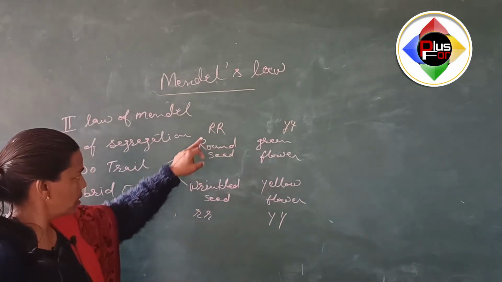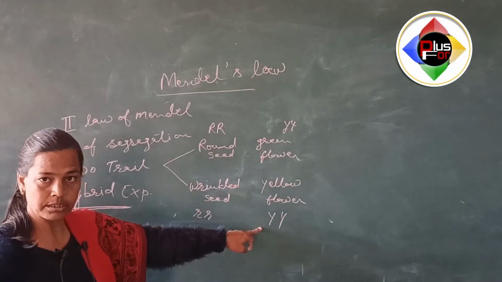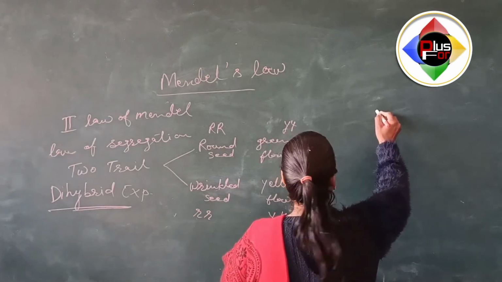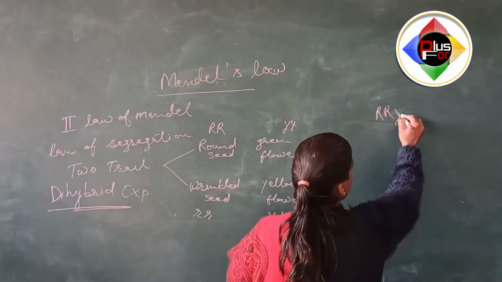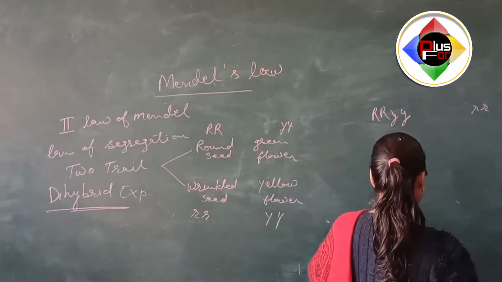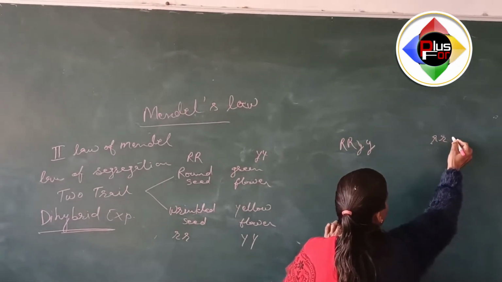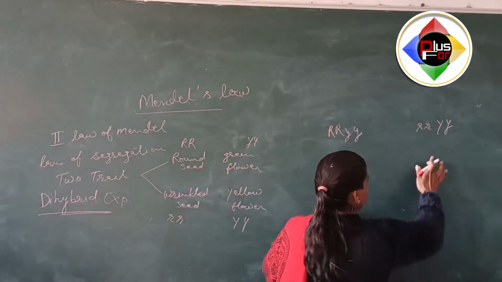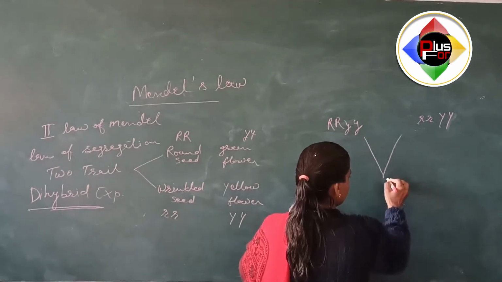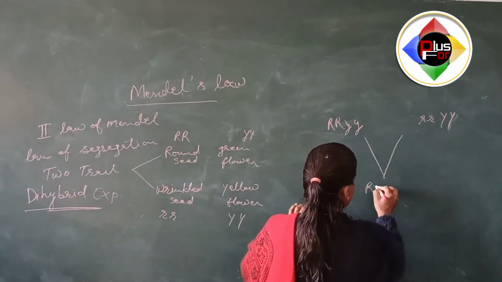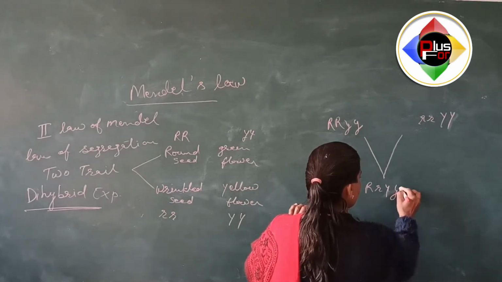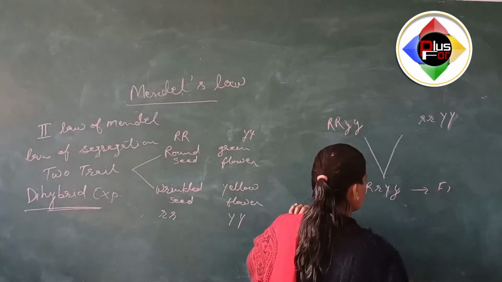When we cross them, these are the dominant characters. So what happened in the first generation? R and R, Y and y. When we cross them, we get R r Y y, and this is the F1 generation.